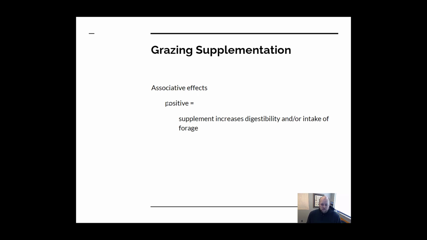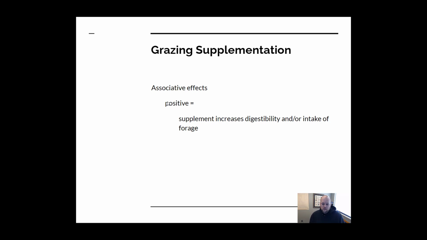A positive associative effect is where the supplement that you're feeding increases the digestibility or the intake of the grazed forage. Generally we would think positive associative effects are indeed positive for the animal, because we're getting synergy between the supplement and the forage.